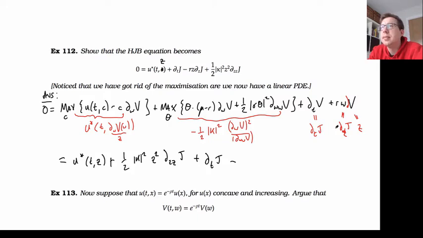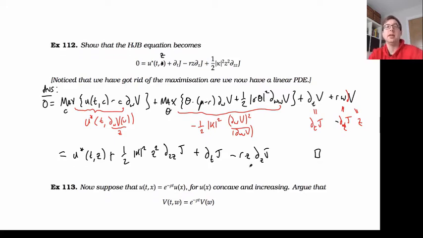I'm going to get minus r z times the partial derivative of j with respect to c, which is what's here. So essentially just work out the maxima in here and then make the substitutions for j. Now we've got a PDE which we could solve numerically without these maxima in it, and find out what j is. Then from j we can work out what the value function v is.